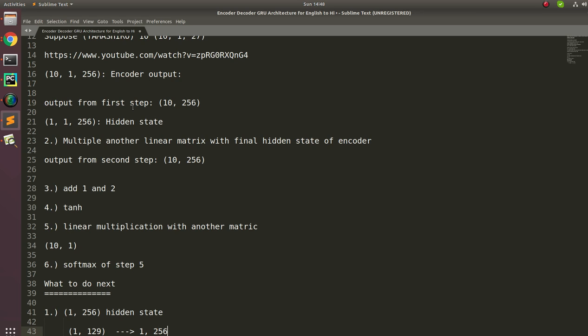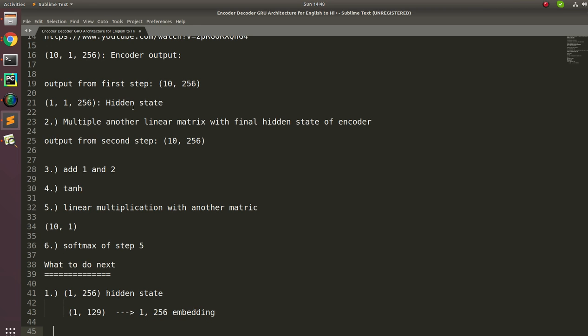This is achieved by creating an embedding matrix, where we just multiply this with a linear matrix that converts 1 comma 129 into 1 comma 256. So at a particular time step, the total value that we get as input to the decoder GRU is 1 comma 256 concatenated with 1 comma 256.